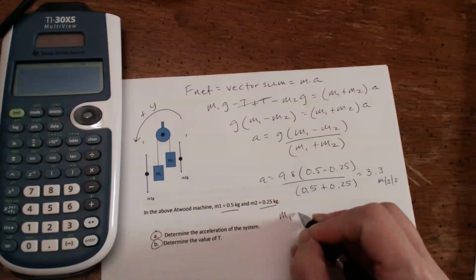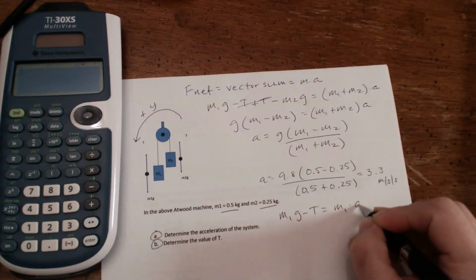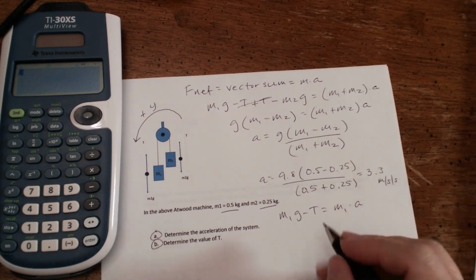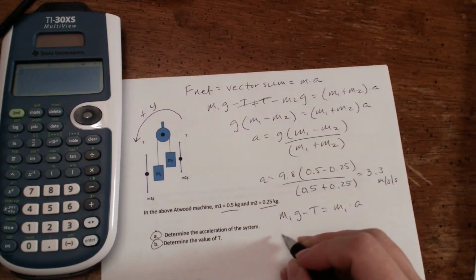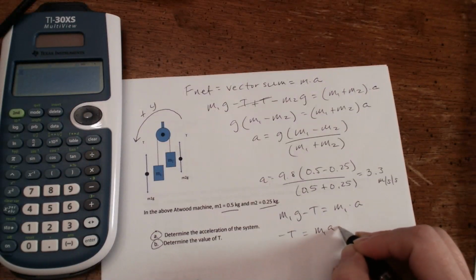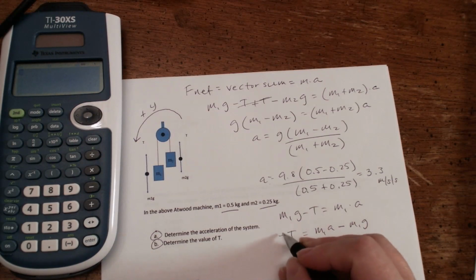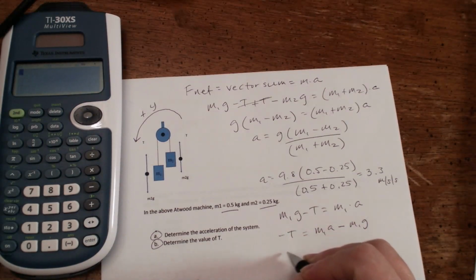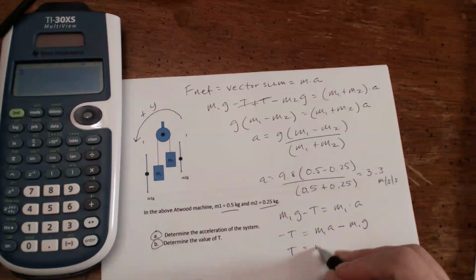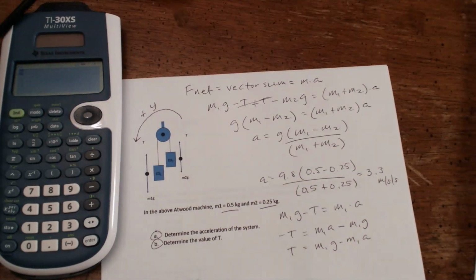So I've got m1g minus T equals m1 times a. I'm going to have a bunch of negatives here, but that's okay. T equals m1g minus m1a once I get rid of that negative. And then I can just plug values in there.